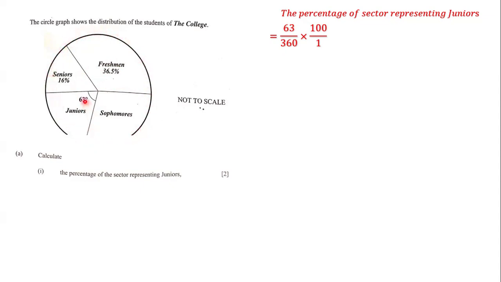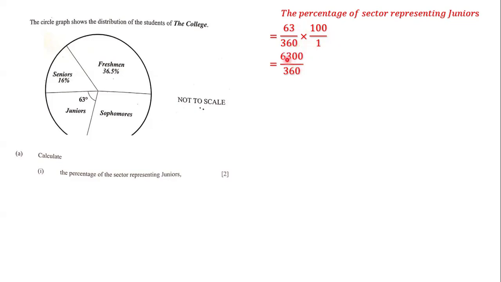So we say 63 divided by 360, but we want to take this fraction and convert it into a percentage. So we multiply it by 100 over 1. 63 multiplied by 100 is 6,300. Next, 360 multiplied by 1 is 360.